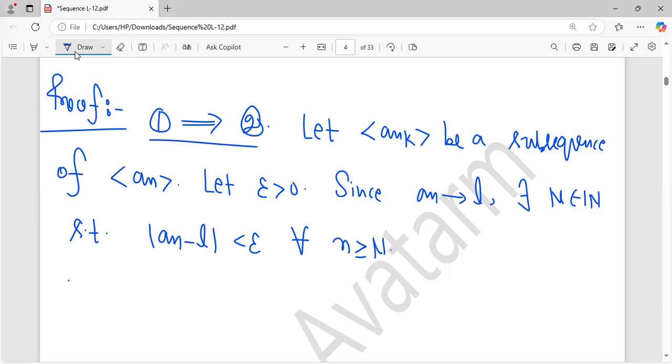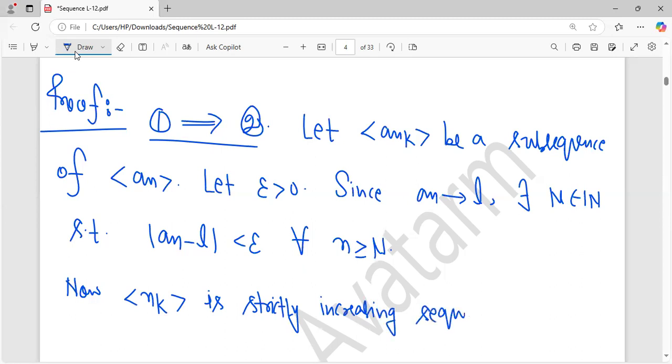Now this sequence n_k is a strictly increasing sequence of natural numbers.